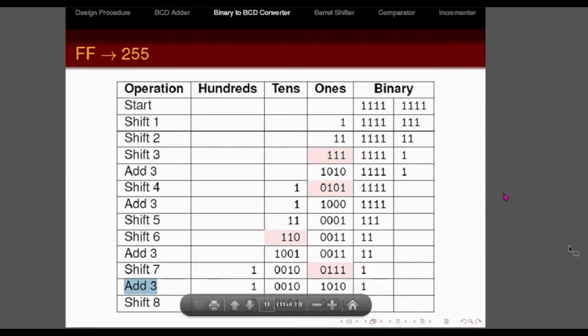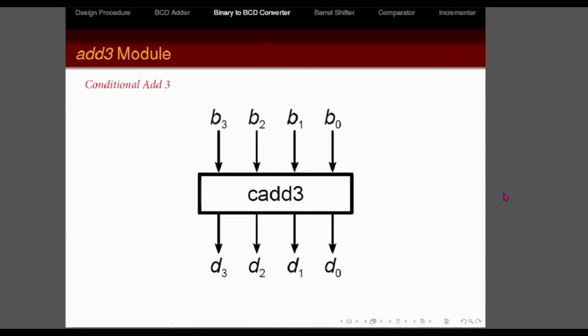Okay. And the final answer is, after the last shift, you also have to add 3. Your final answer has to be like this one, 255. In your BCD, this is 4 bits.